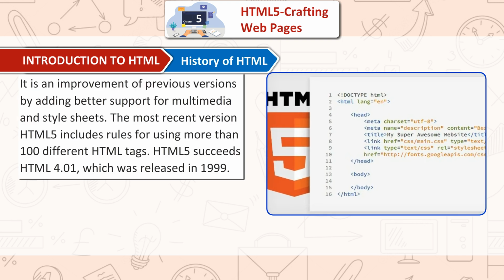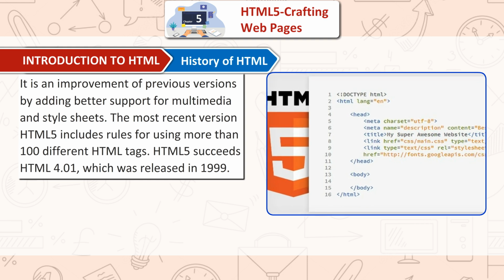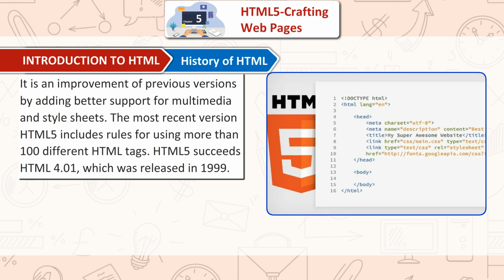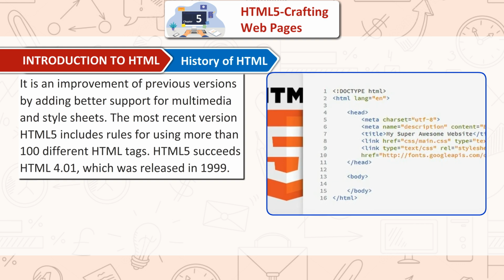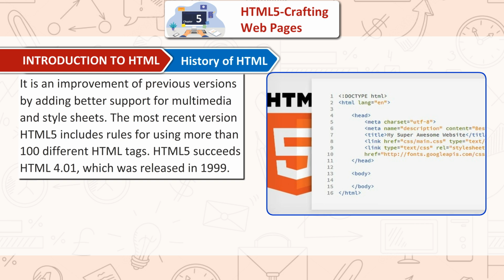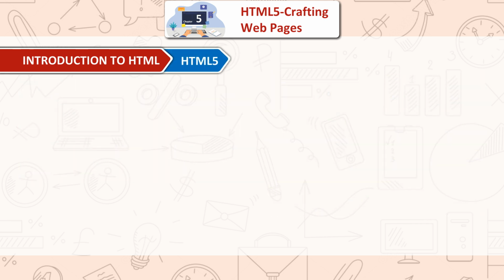It is an improvement of previous versions by adding better support for multimedia and style sheets. The most recent version, HTML5, includes rules for using more than 100 different HTML tags. HTML5 succeeds HTML 4.01, which was released in 1999.